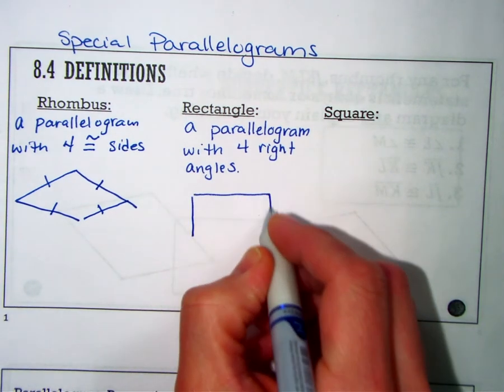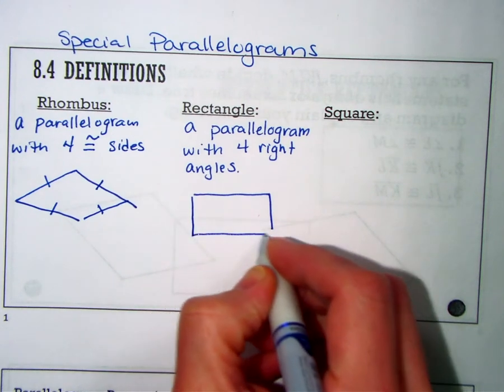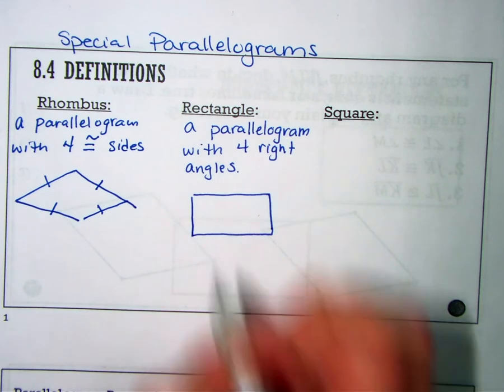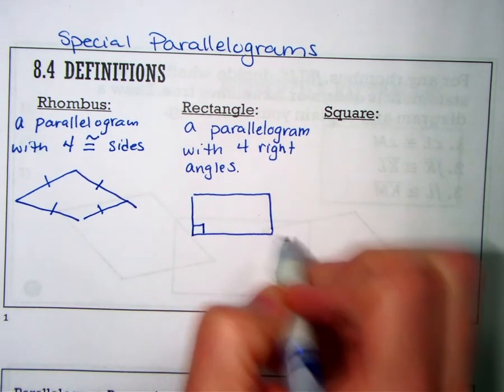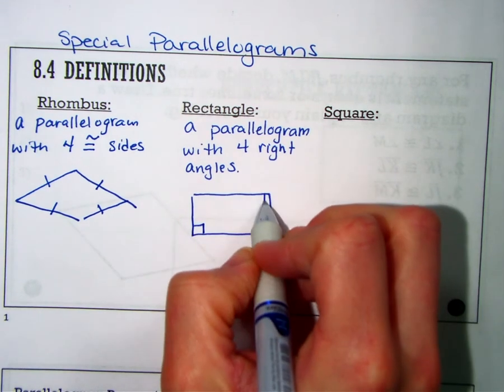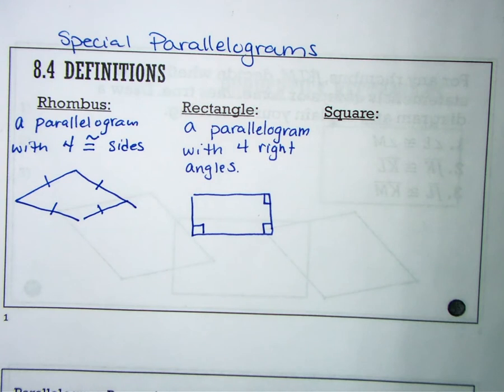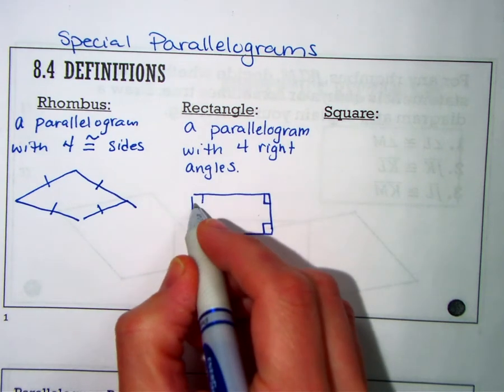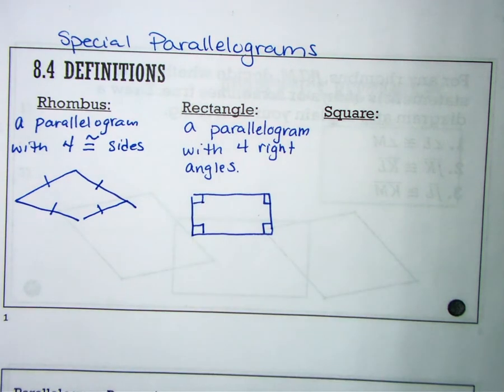If I was going to see if something was a rectangle, would you have to tell me that all 4 of them were 90? Well, no, because if you showed me 3 90 degree angles, I would be able to figure out on my own that the 4th was also 90. So yes, it does have 4, but you only have to see 3 of them to say, oh, yep, that thing's a rectangle.